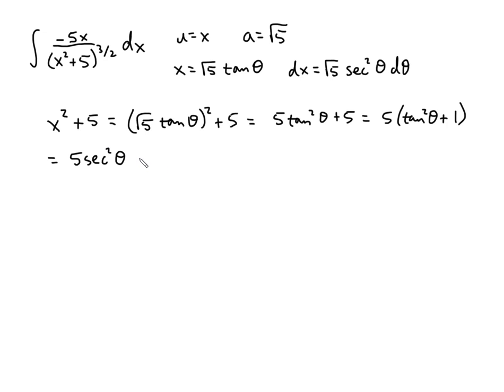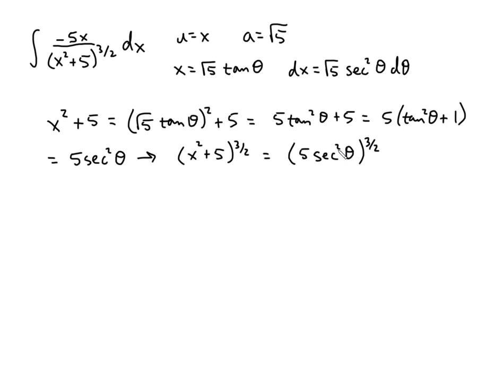theta. So remember that that was raised to the 3/2 power. So what does that tell us? That means that x squared plus 5 to the 3/2 power then must be, since we just said x squared plus 5 is this, must then be 5 secant squared theta to the 3/2 power.